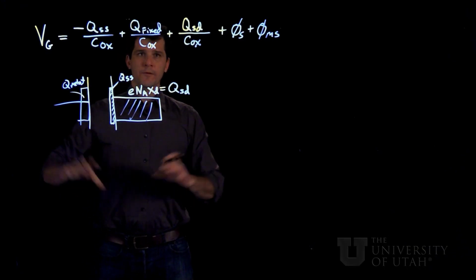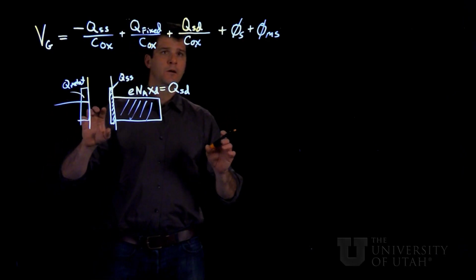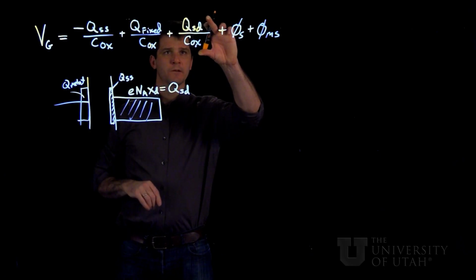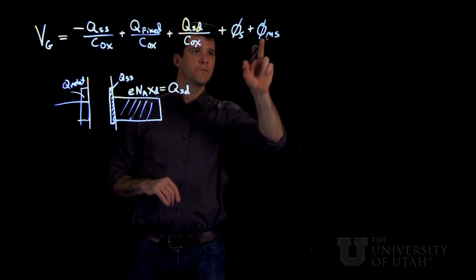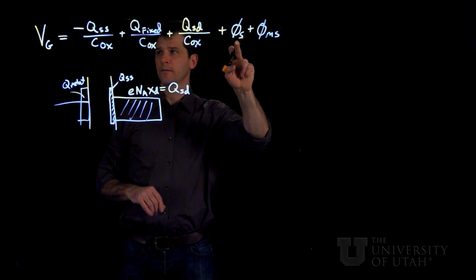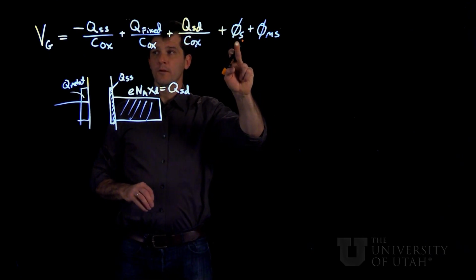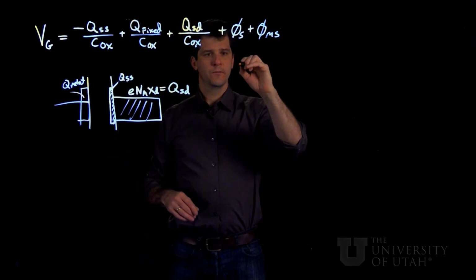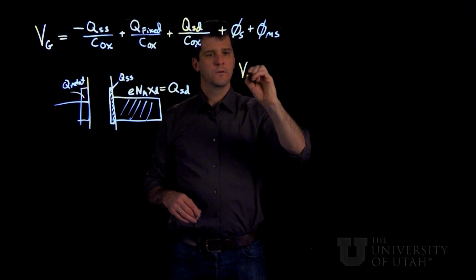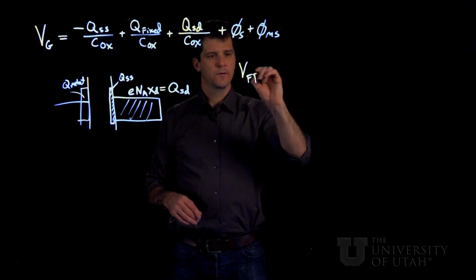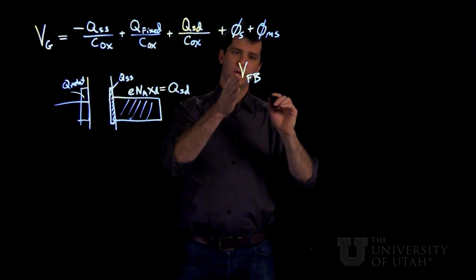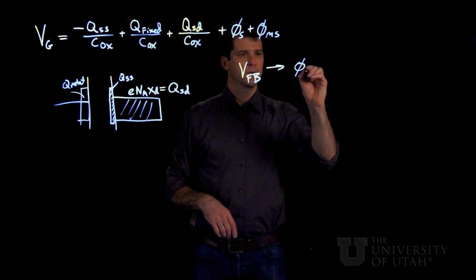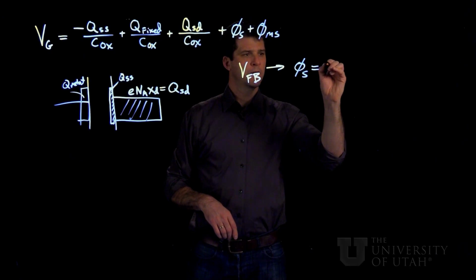So with the application of voltage, this term is going to change, this term is going to change, this term is going to stay the same, this term is going to change. So now we can determine the various important voltages. So the gate bias that gives you flat bands is found when phi s is 0.